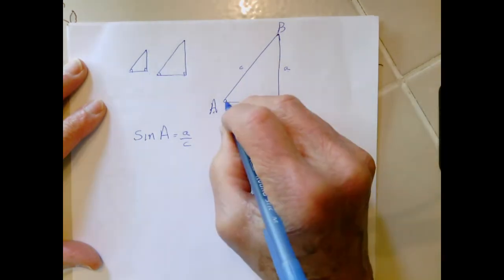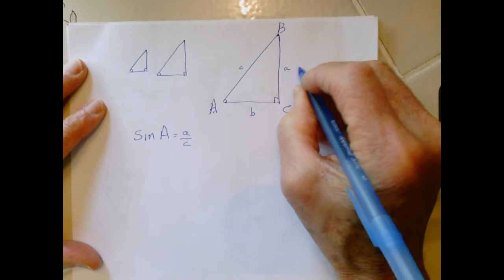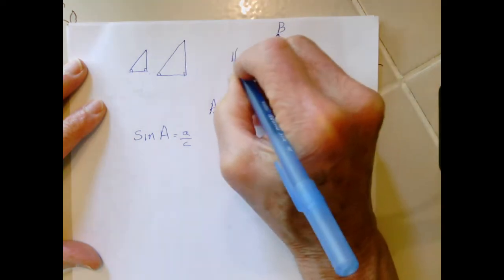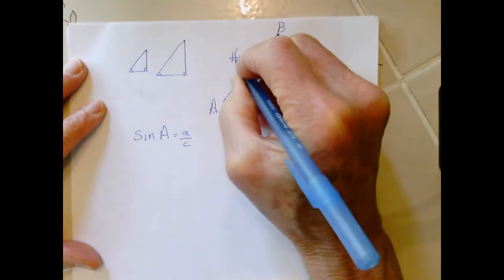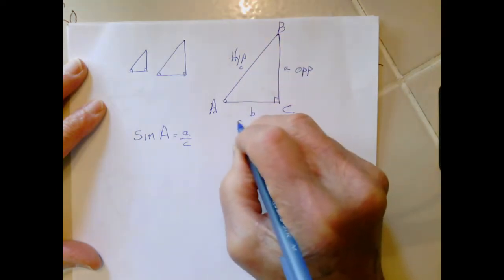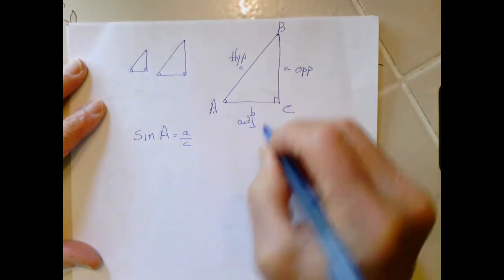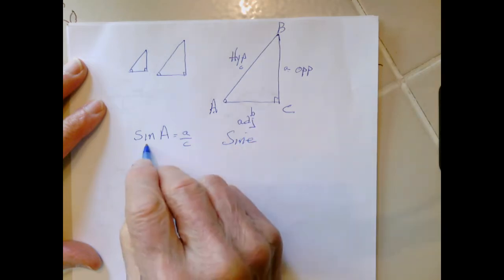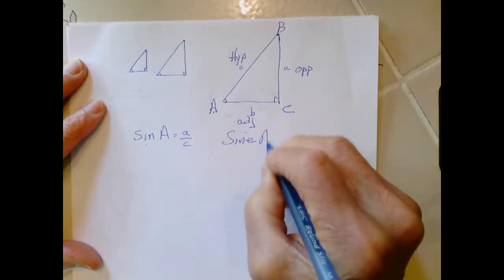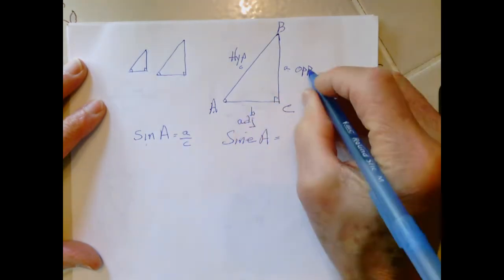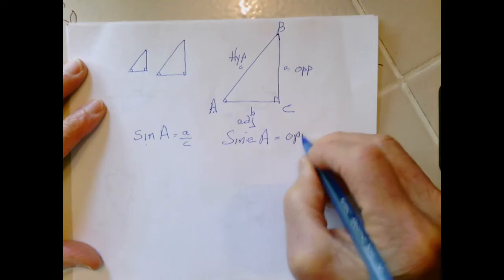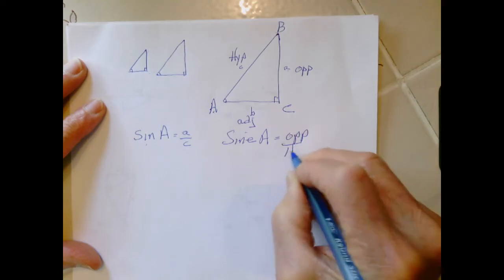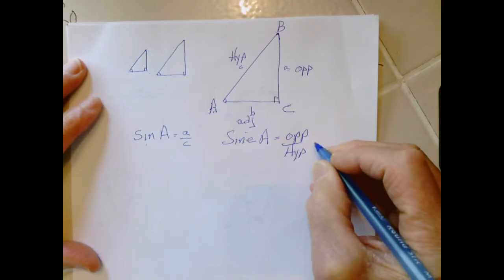So from A's perspective, this is the opposite side, this is the hypotenuse side, and this is the adjacent side, ADJ. So the sine, S-I-N-E, this is the abbreviation, sin, of A is going to equal the opposite over the hypotenuse, HYP. Alright?